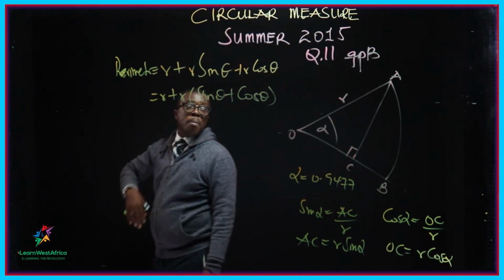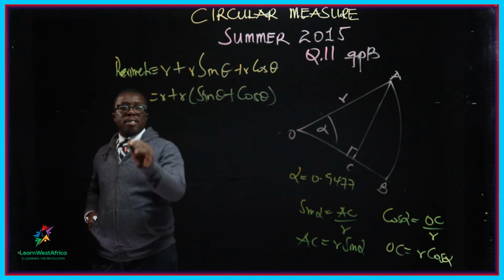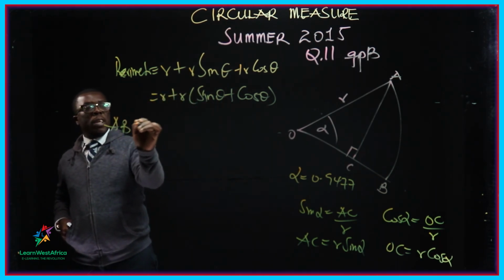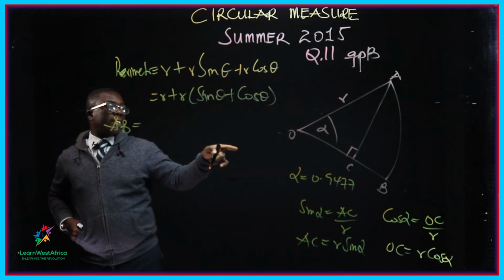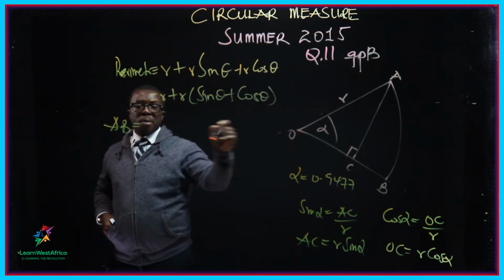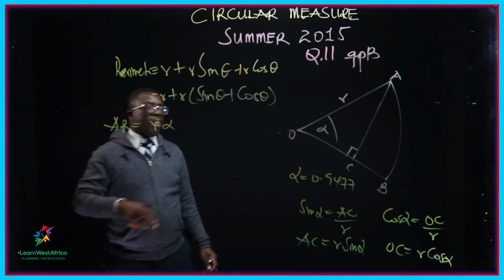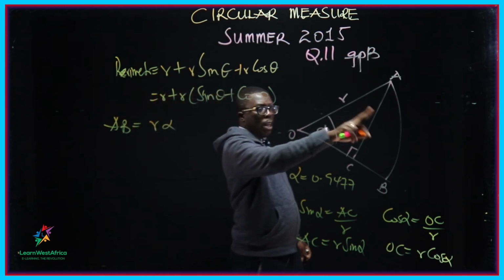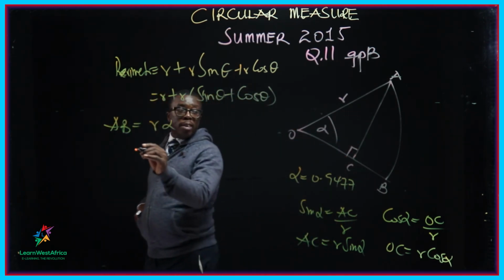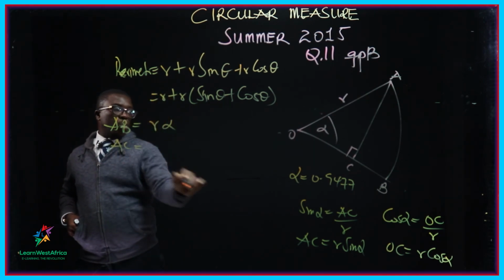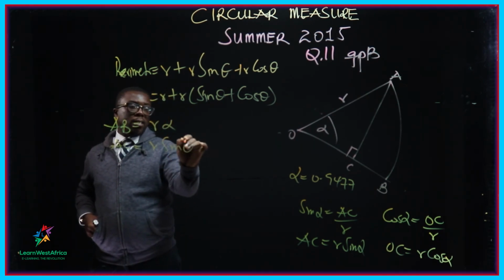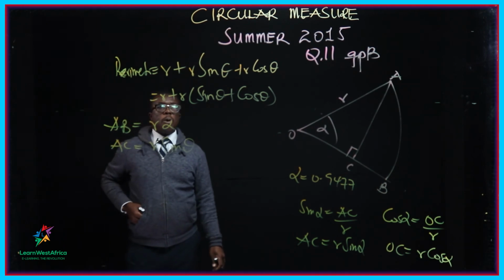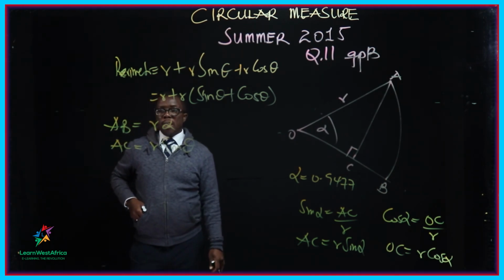How do you find AB? AB is the length of the arc. So we know AB is going to give you R theta, and this time R alpha is going to be the value of AB. And we know AC already to be R sine theta.